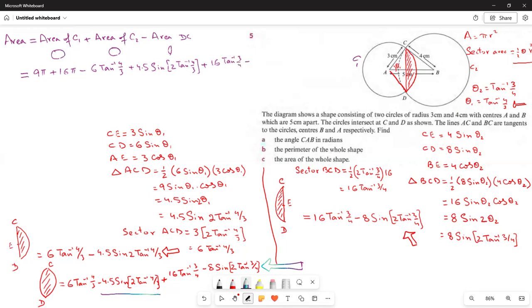Sorry, this is not plus, this is minus, and this is plus. So this is minus, this is plus, this is again minus, and this is plus 8 times sine of 2 times tangent inverse 3 by 4. Okay, I hope everybody is with me. I'm not confusing anybody.